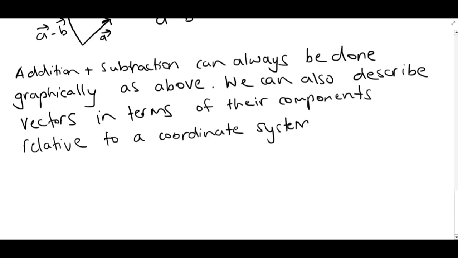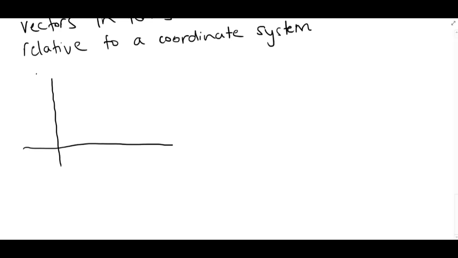Say, for example, we have the xy coordinate system right here, and we have a vector A which begins at the origin, and it has a length A. We also have the angle theta, which goes from the horizontal positive x-axis all the way up to the vector A. Then we can project from the vector A down onto the x-axis to have the x component of vector A. We can also project from the vector A to the y-axis to have the vertical component, which is AY.